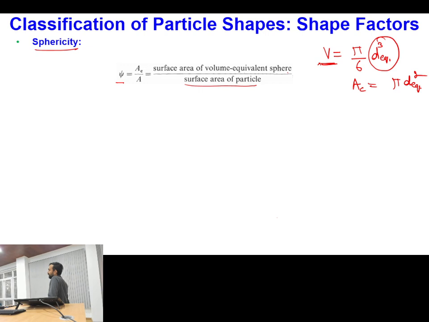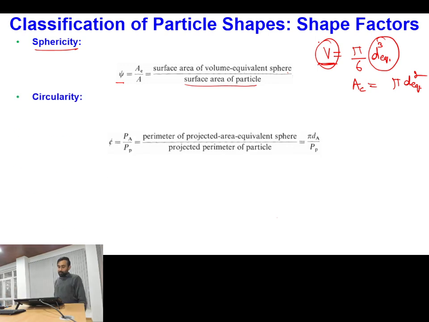For example, when we defined the previous factor, we considered projected area as the equivalent parameter, and now we are considering volume as the equivalent parameter. And the surface area ratio we use to define the sphericity. Is this one clear? Now again the challenge is, for calculating this AC I must know the value of volume.